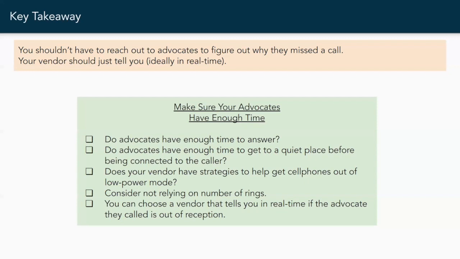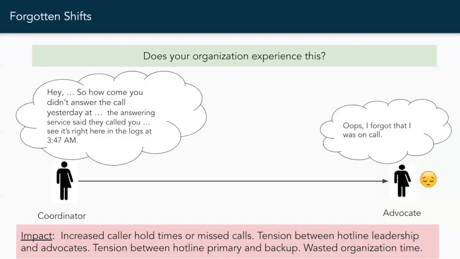Finally, you can choose a vendor that tells you in real time if advocates that are called are out of reception. That could be significantly useful depending on the number of advocates that you have and how many calls they take in lower reception areas.